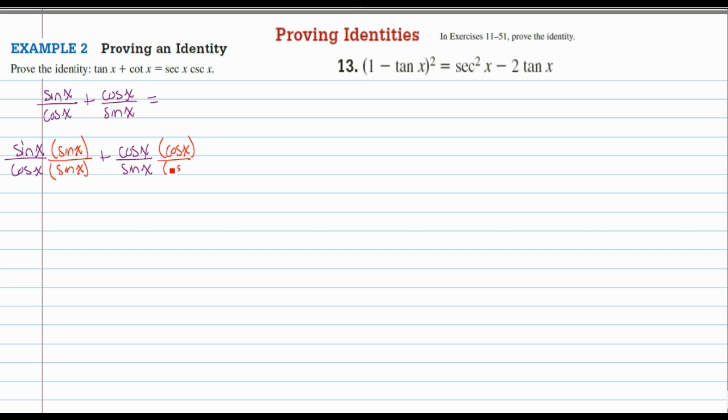So the common denominator is sine of x cosine of x. So now I've got sine squared of x plus cosine squared of x all over cosine of x sine of x. Interesting. Sine squared plus cosine squared of x is 1. I know that from my Pythagorean identities.